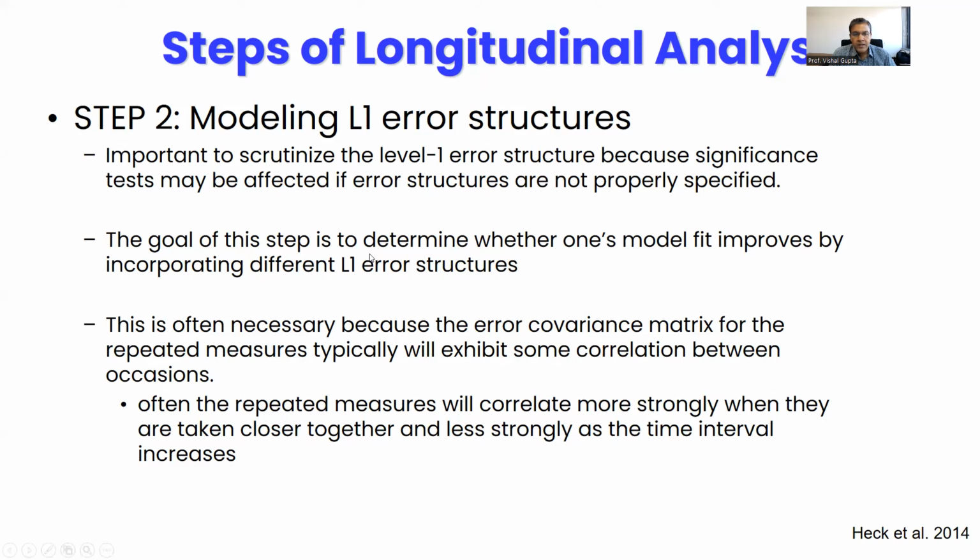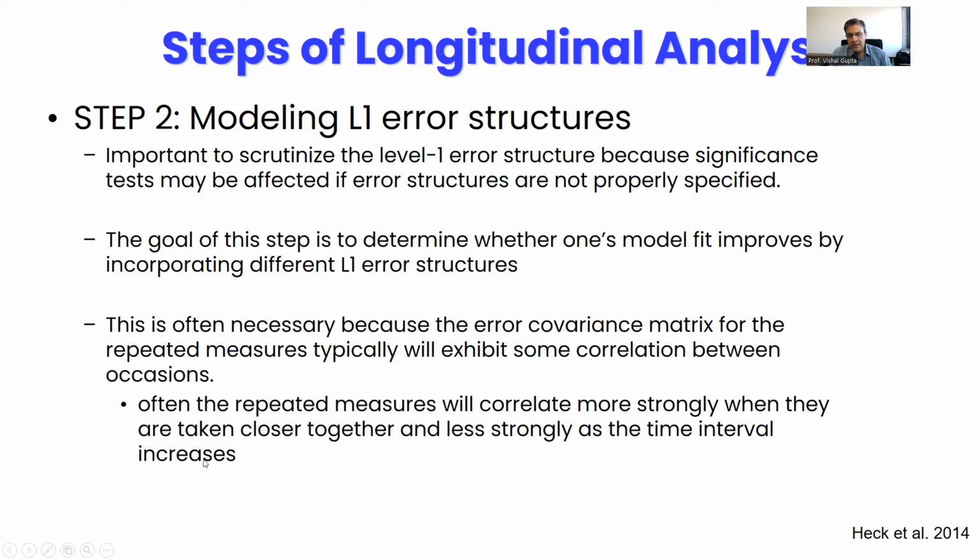The goal of this step is to determine whether one's model fit improves by incorporating different L1 error structure. This is often necessary because the error covariance matrix for repeated measures typically will exhibit some correlation between occasions. Often the repeated measures will correlate more strongly when they are taken closer together and less strongly as the time interval increases.